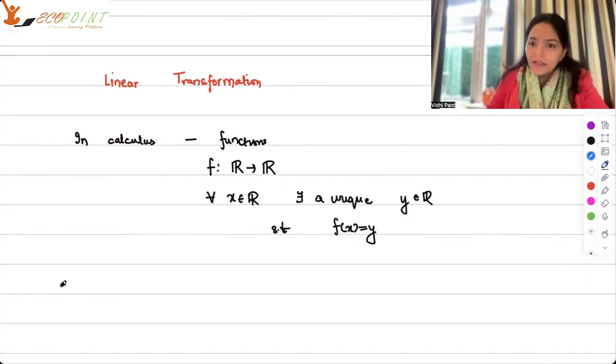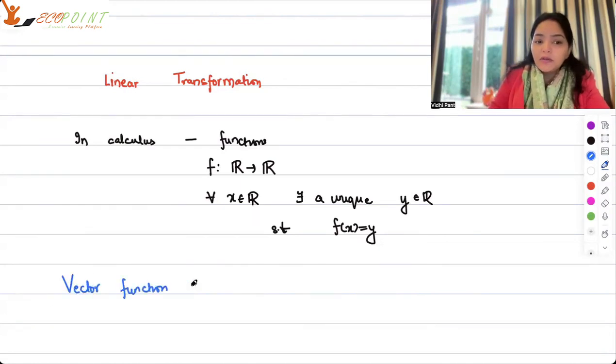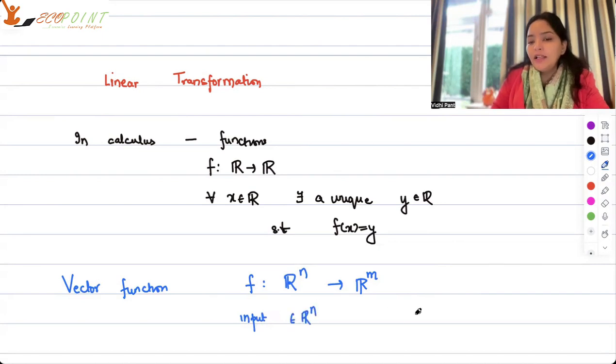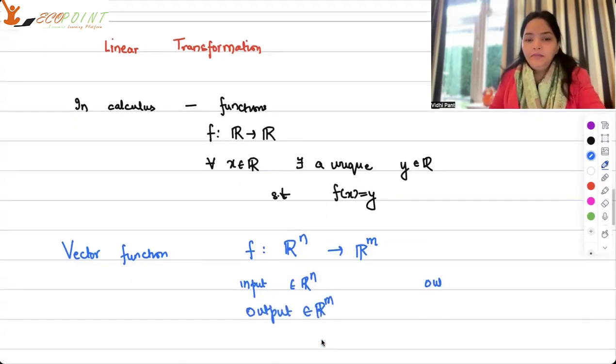With vectors, what happens is we have vector functions. A vector function would be like, say, f from Rn to Rm, wherein your input will be from Rn and it will generate a unique output in Rm.